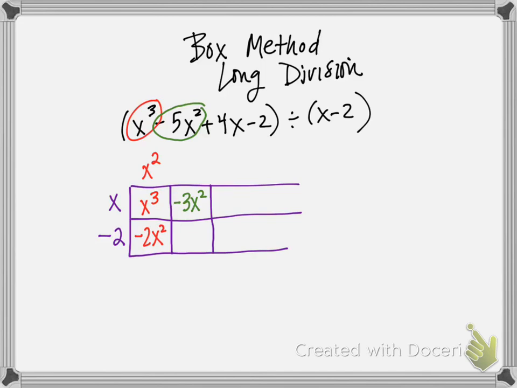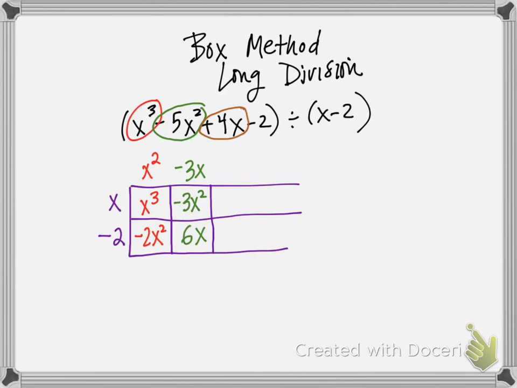If that's negative 3x squared, then I can fill in this top portion right here because I'm saying x times what gets me negative 3x squared, and that would be negative 3x. So if that's negative 3x, I could fill in this box because I'm just multiplying negative 3x times negative 2, which is 6x.